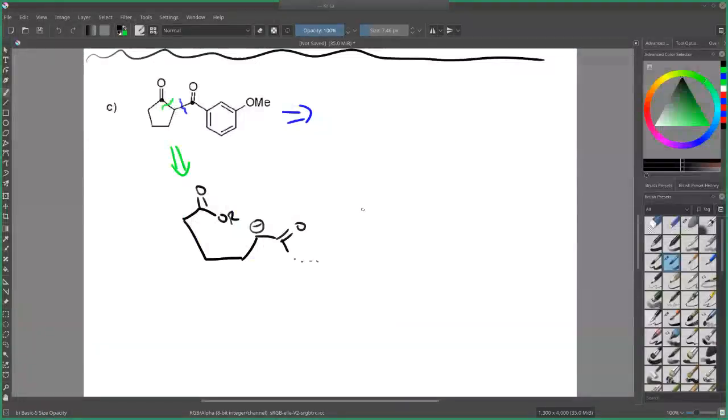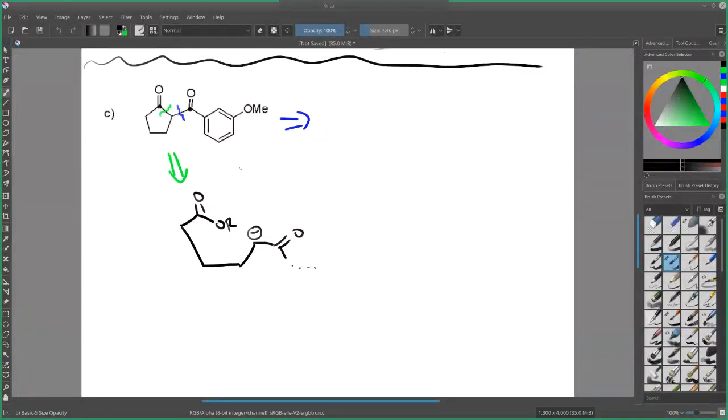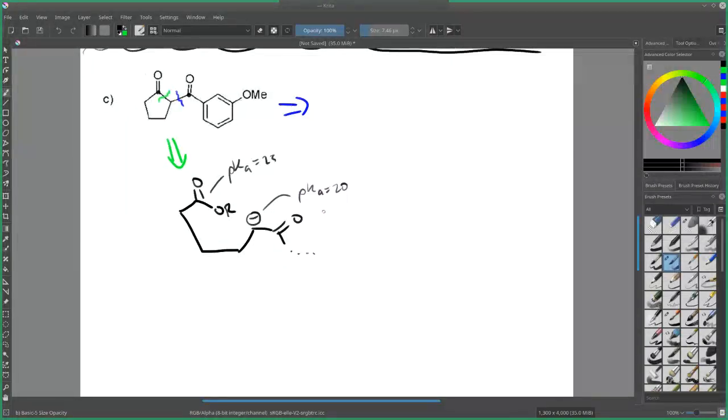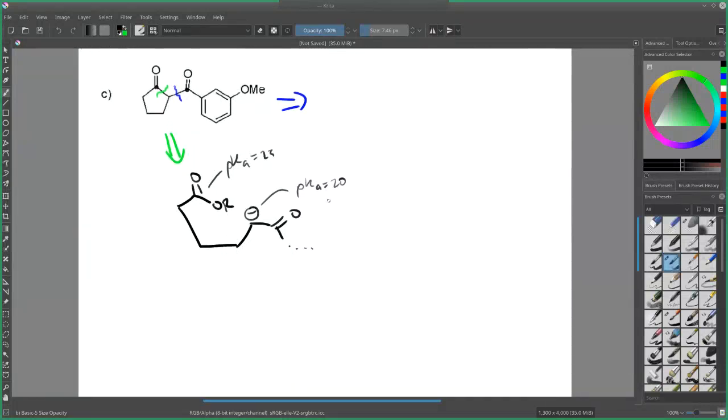Let me open this chat thing. No? Yeah, I don't think so either. This looks totally valid. The only thing you could say is that you might get some enolate over here on the ester too, but remember that the pKa over here is 25 and the pKa over here is 20, and pKa works on a logarithmic scale.